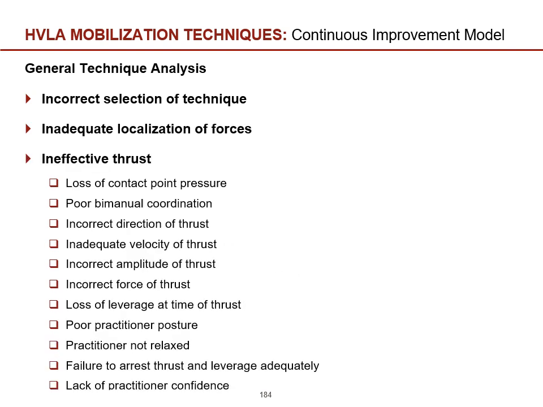The ineffective thrust: loss of contact point pressure, poor bimanual coordination, meaning that the thrust is not equally applied with both short and long lever applicators, inadequate velocity of the thrust, incorrect amplitude of the thrust, incorrect force, loss of leverage at time of thrust, poor practitioner posture, practitioner not relaxed, failure to arrest the thrust and leverage adequately, and lack of practitioner confidence.